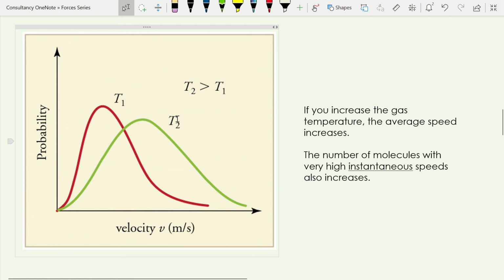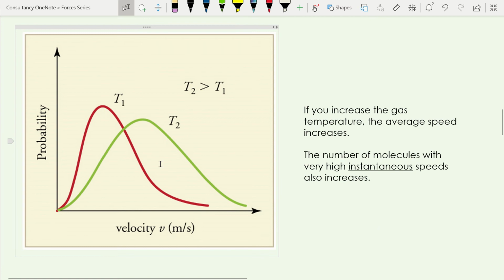So the higher your temperature gets, the larger number of molecules you get at this very high speed end, and that's what's increasing your average speed of your gas particles, the increase in the high instantaneous speed section of your graph here. And we could keep increasing the temperature, and this sort of peak would shift further and further to the right on here.